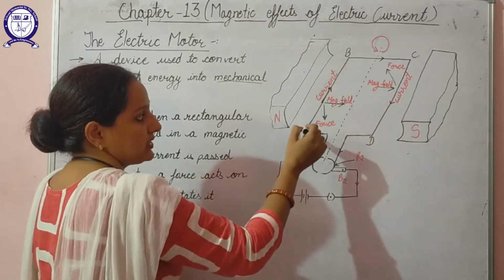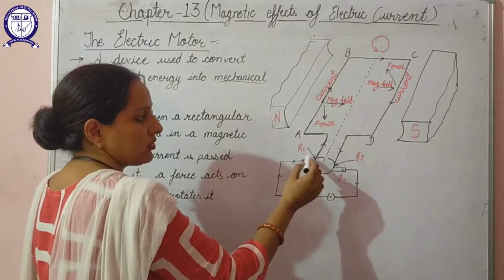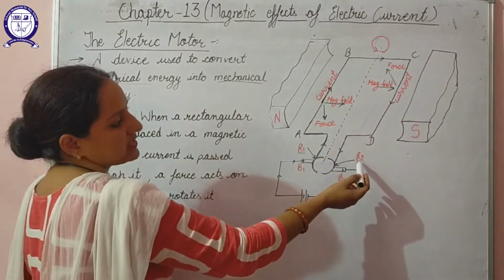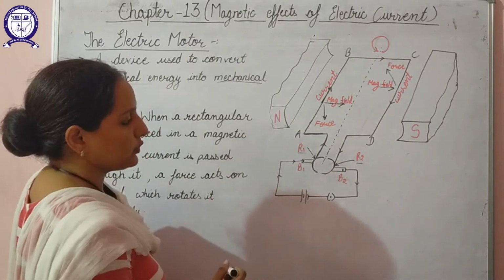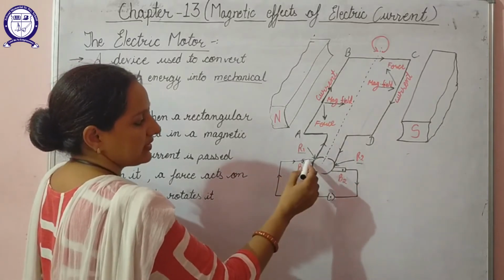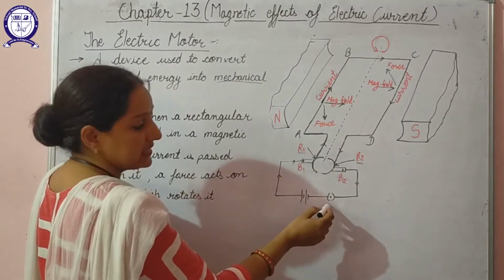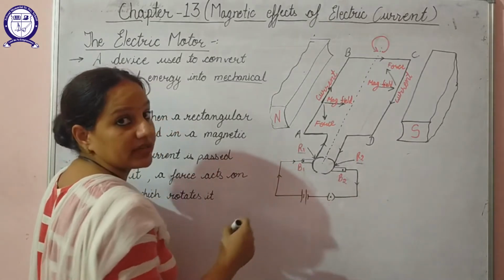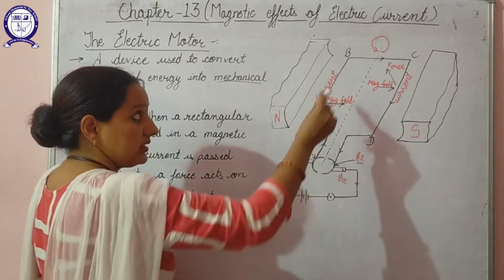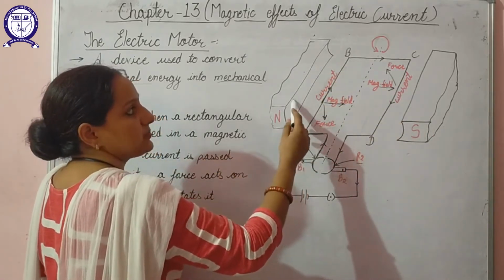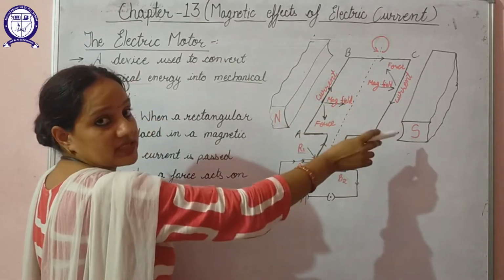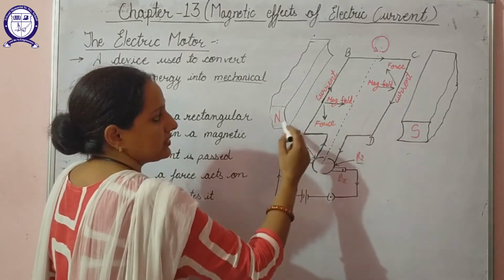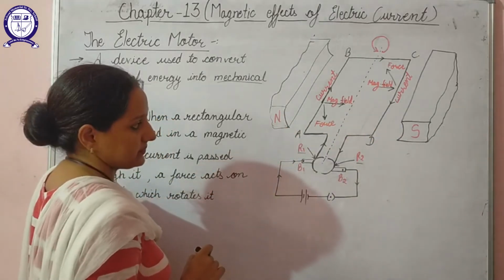The portion AB of this coil is fixed to the ring R1, and the portion CD of the rectangular coil is fixed to the ring R2. Now these rings are connected to the battery along with the key with the help of two carbon brushes. So B1 and B2 are the carbon brushes. Then this rectangular coil is placed between the north and south poles of a horseshoe magnet. So these are the two poles of a magnet.